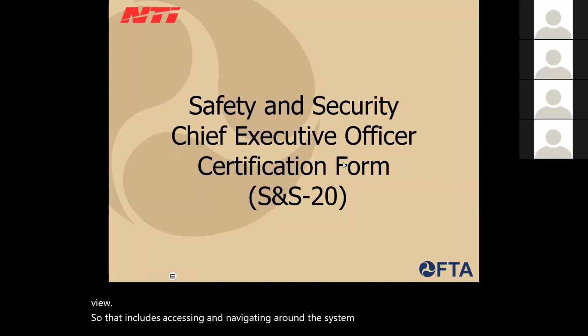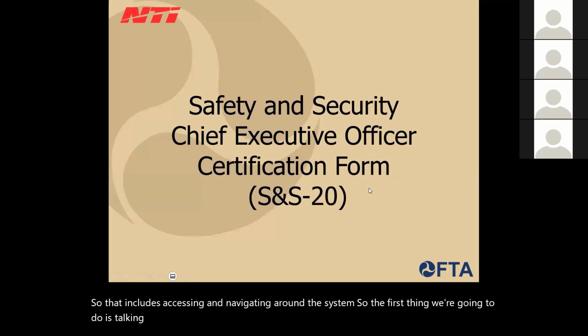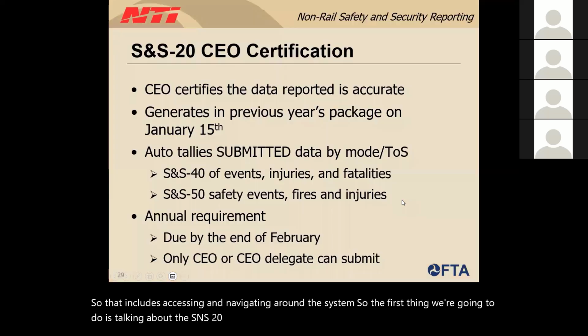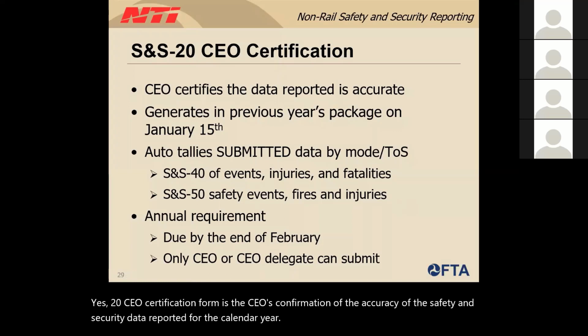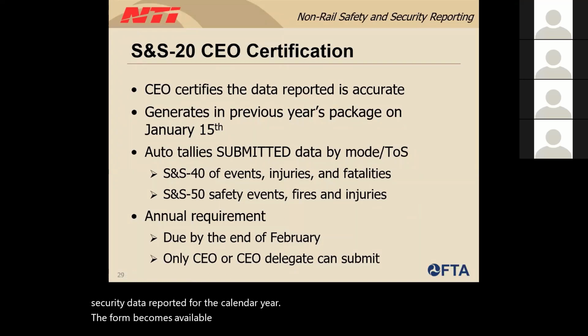So the first thing we're going to do is talk about the SNS 20 CEO certification form. The SNS 20 CEO certification form is the CEO's confirmation of the accuracy of the safety and security data reported for the calendar year. The form becomes available on January 15th in the previous year's safety package.